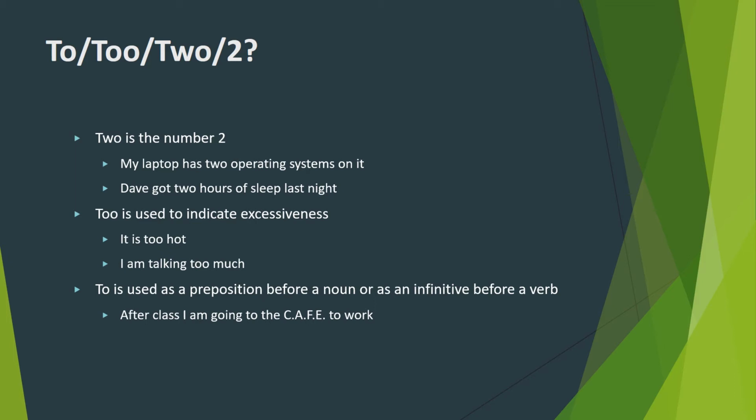And then to work, I am going to work. Work is a verb in this sentence. Working is an action. So you are going to work, and to is used as that infinitive. I am going to the gym to work out. Once again, the first T-O, you're going there, which is the noun, and then to work out, once again, working out is a verb.